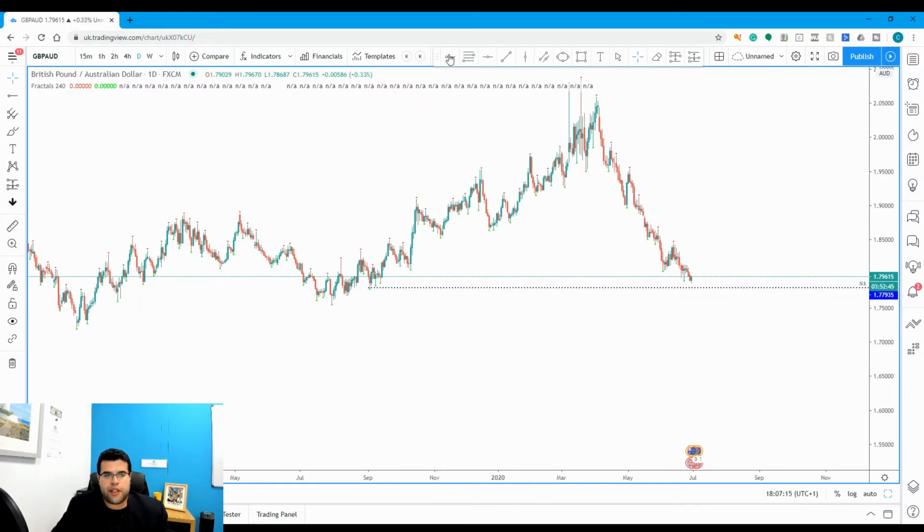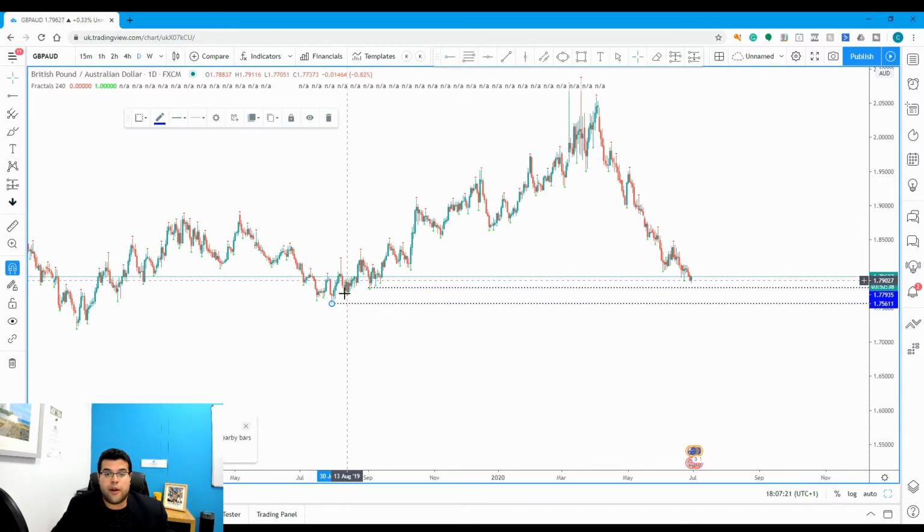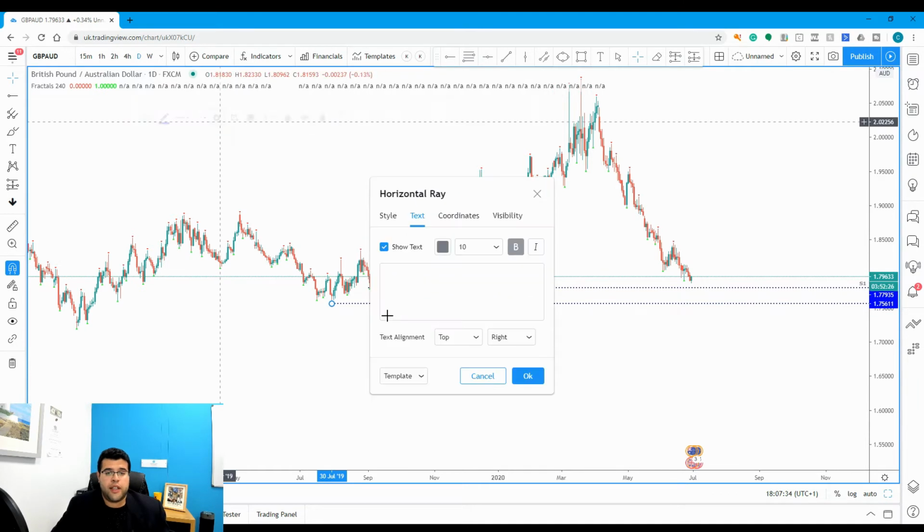Again, we're just going to go to the most relevant low and the lowest of the lows, because technically that's a low right there too, but it's not really of that much interest. So we want to go to the next low, which is going to be this one here. Okay, so that's support 1 and now support 2.